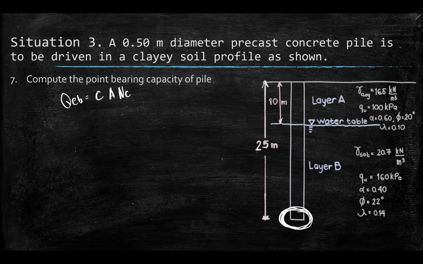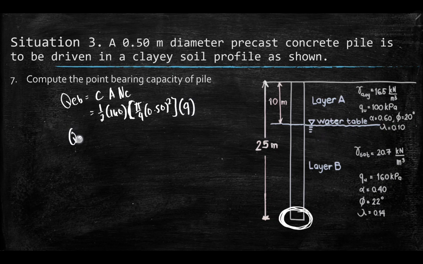So, yung end yung i-consider natin. Okay? So, ang cohesion dyan is 1/2 of 160 times yung area of the pile tip, which is may binigay naman na diameter, pi over 4 times 0.50 squared times the bearing capacity factor, pag hindi binigay, 9 siya.